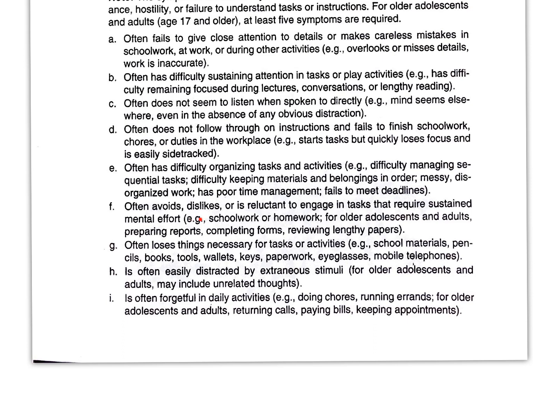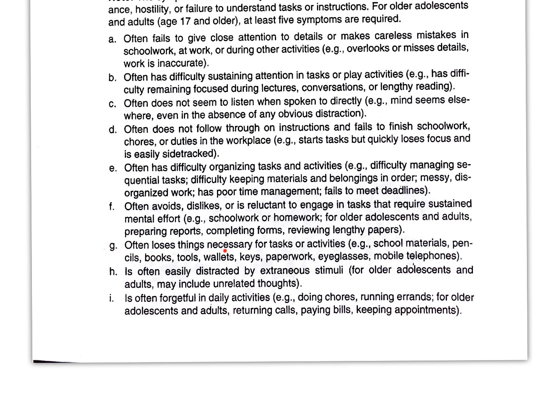So they'll be a little bit avoidant when it comes to schoolwork or homework. For the older kids, could be reluctant to prepare reports, complete forms, review lengthy papers. Just averse to it, probably because of the history of being unable to sustain attention.